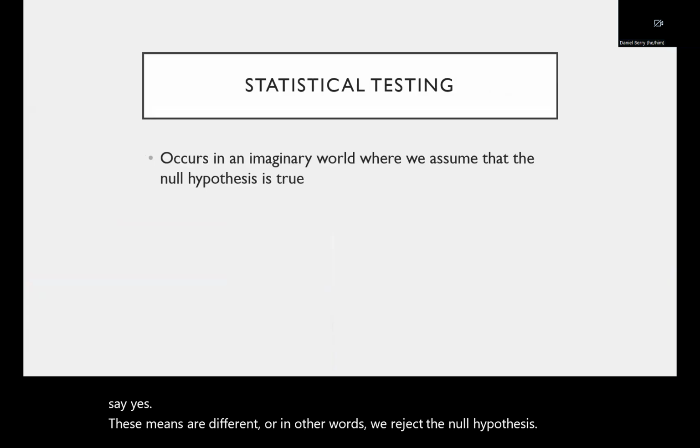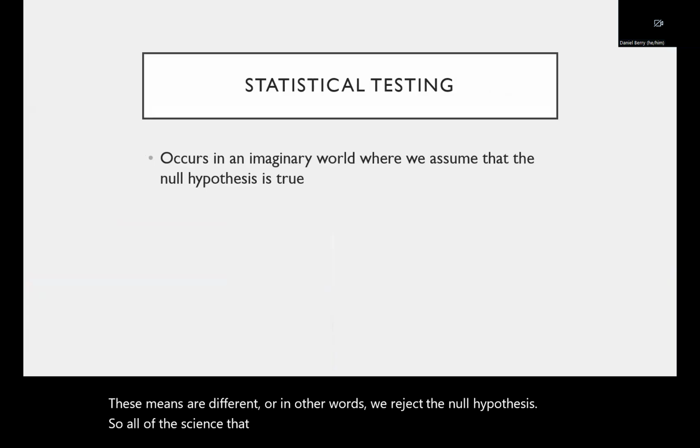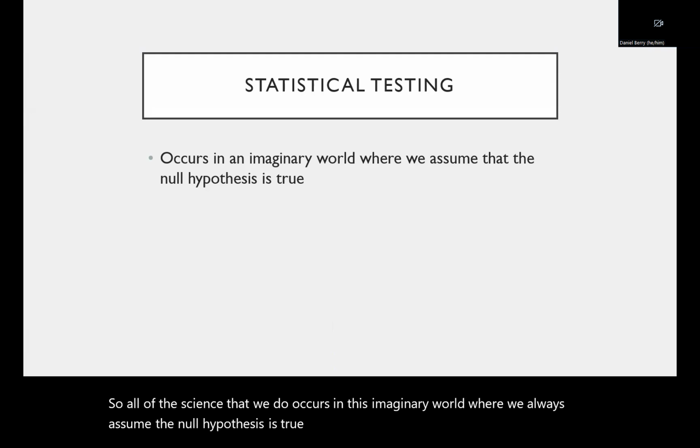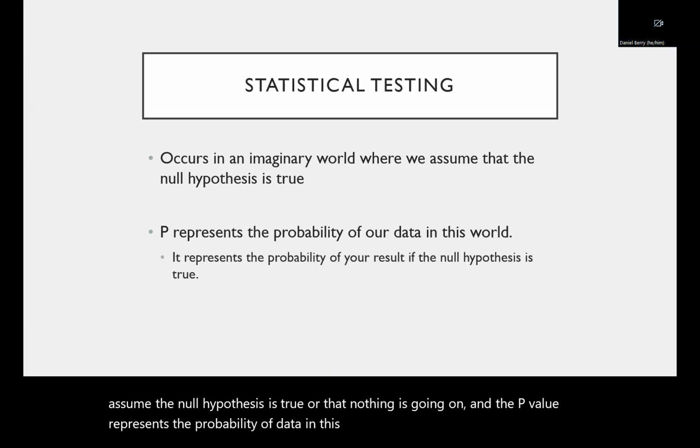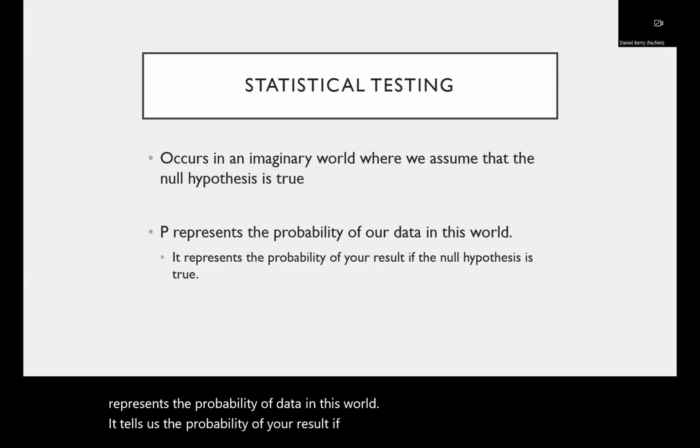So all of the science that we do occurs in this imaginary world where we always assume the null hypothesis is true, or that nothing is going on. And the p-value represents the probability of data in this world. It tells us the probability of your result if we assume the null hypothesis is true.